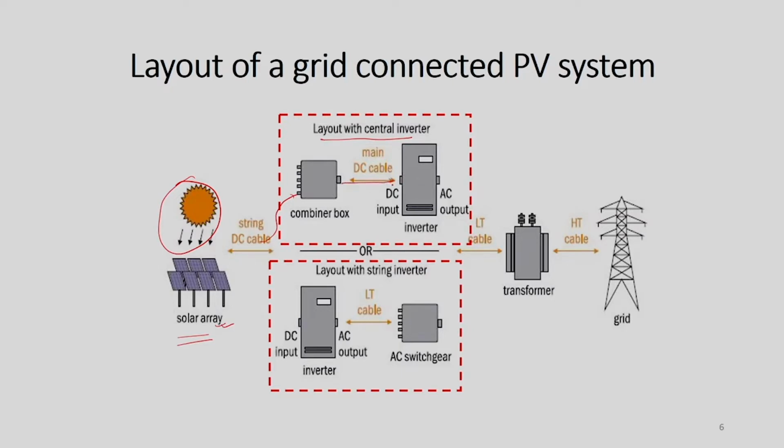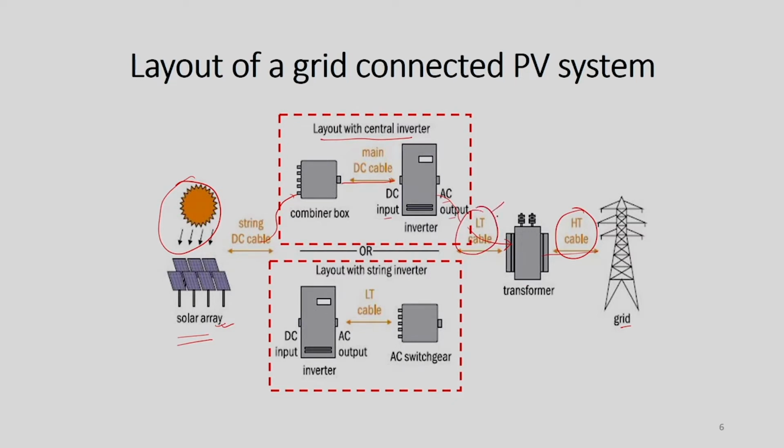Again we need DC cables, and as we know the function of the inverter is to convert this DC input to the AC output. Then from here it goes to the transformer and then it will go to the grid. When it goes from the transformer to the grid, we use high tension cable, and from the inverter to the transformer we use low tension cable.